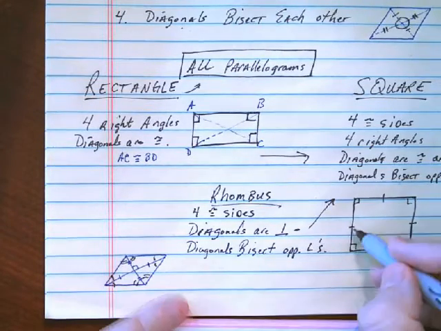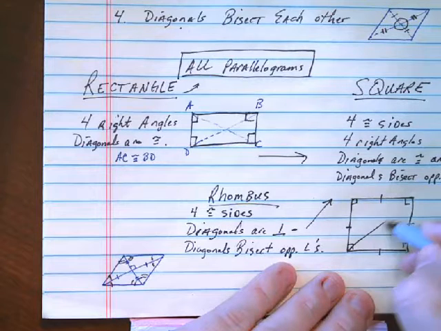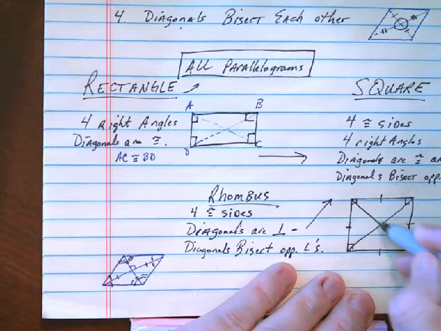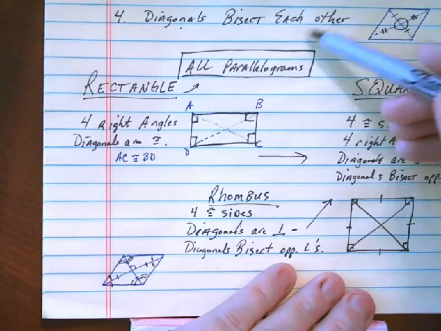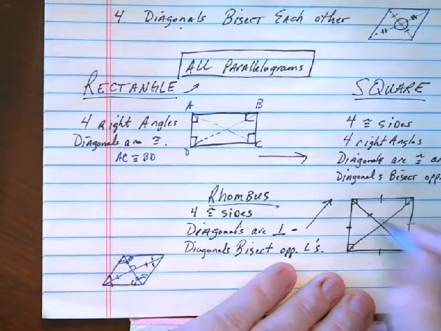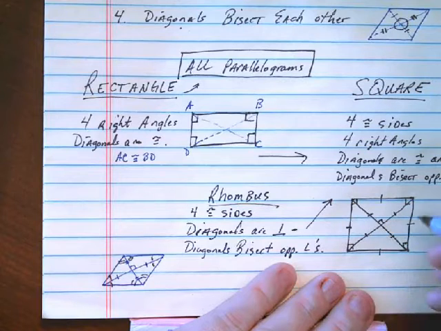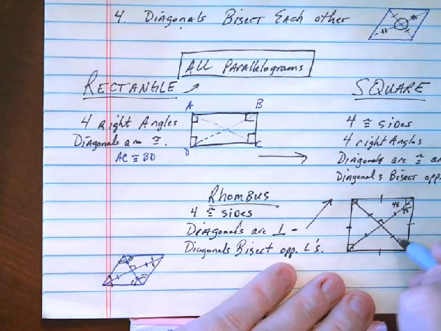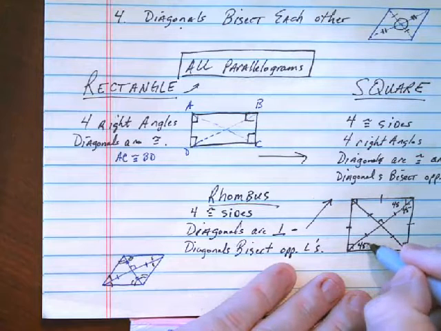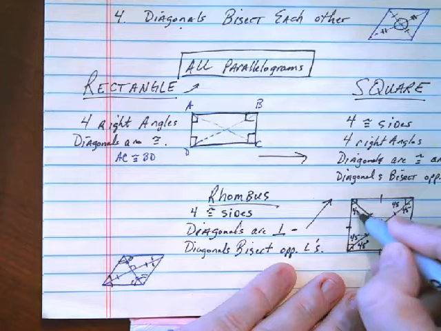Okay. What about the diagonals? They're congruent. They bisect each other. They're congruent, and they're 90 degrees, and they bisect the angles. So that's 45, 45, 45, 45, all of them.